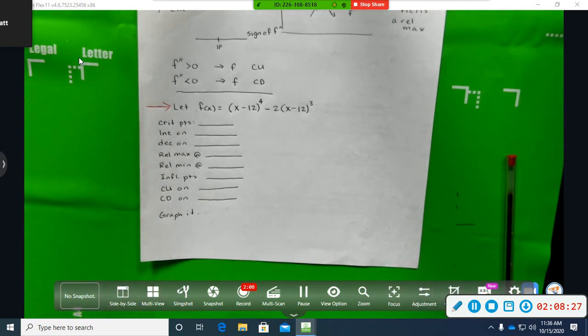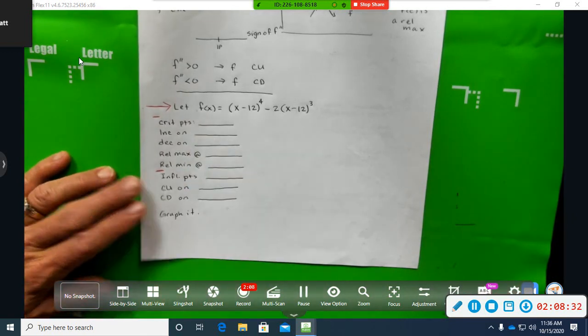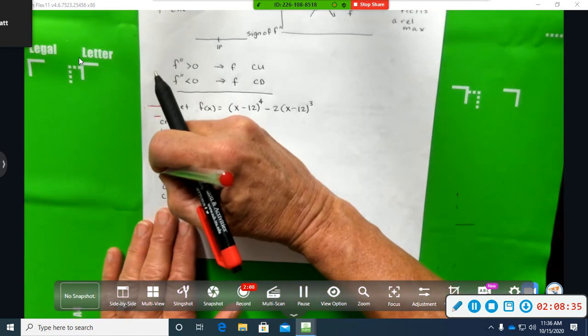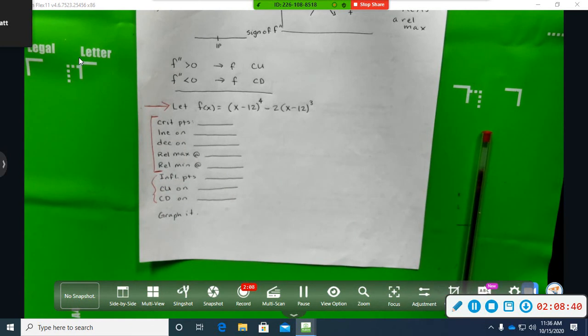So, all the way down to here, your first derivative tells you all that information. Your second derivative tells you the rest. So do the first part kind of fast, and then I'll check with you on the first part, and we'll do the second part together, I suppose.